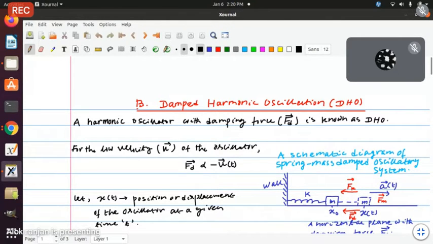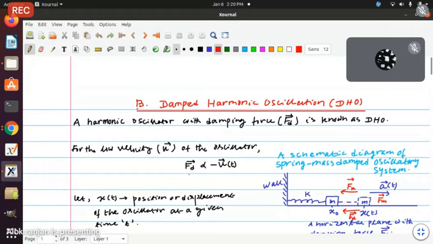In general we can say the resistive force or damping force. So how does it relate to the parameters or variables associated with the oscillator? As you know, displacement, velocity, acceleration, and so on are associated with an oscillator.